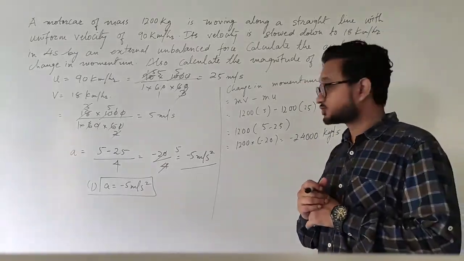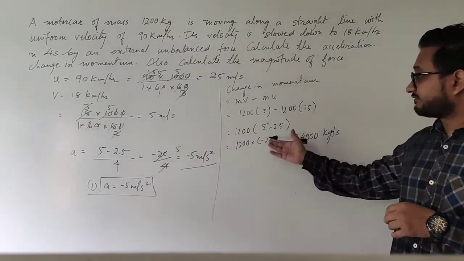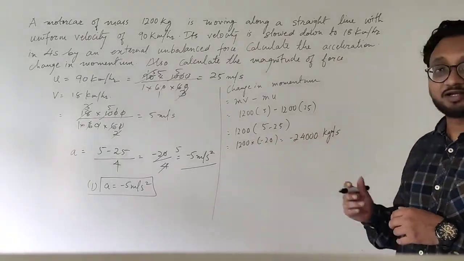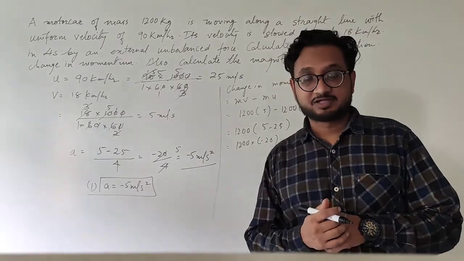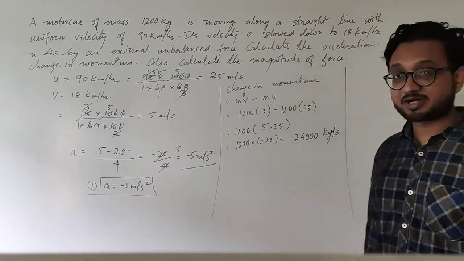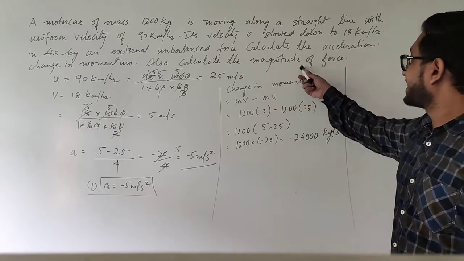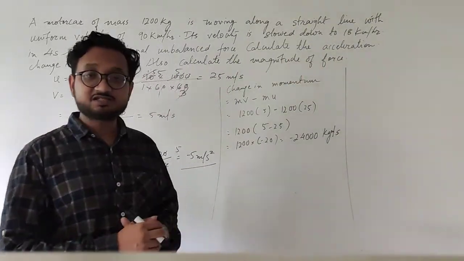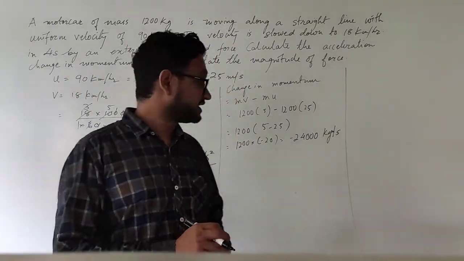I hope it is clear to you, students. 5 minus 25, it becomes minus 20, and 12 2s 24 and 3 zeros. Is it clear? Okay. Moving on to the last part of the numerical, that is finding the magnitude of force. Now force is quite simple. Force is change in momentum upon time taken.